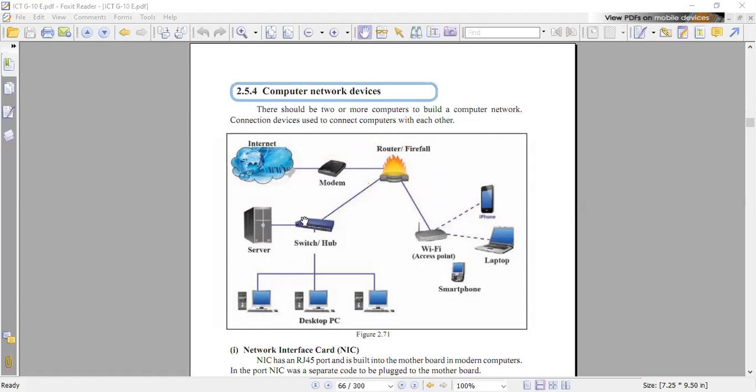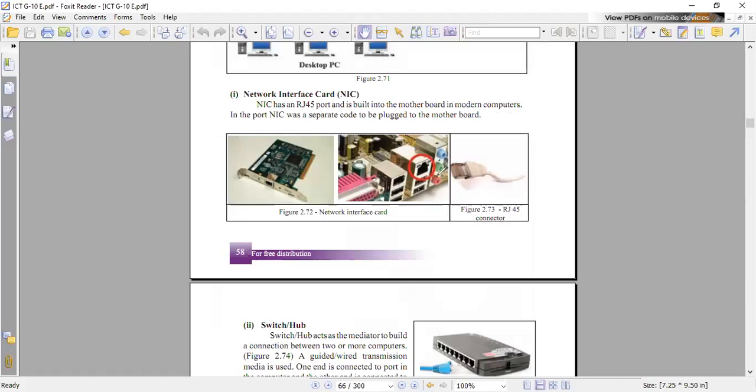Network interface card. So this is the picture. Here you can see this port is there to connect the cable, and this is the network card.